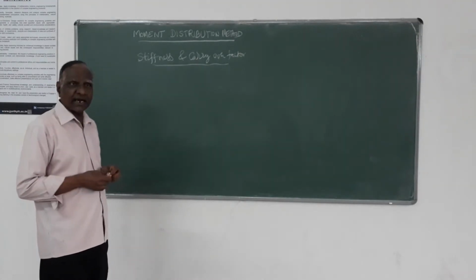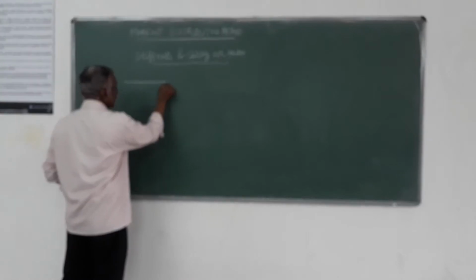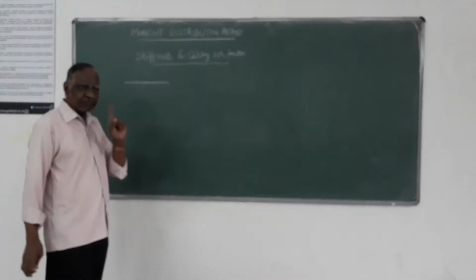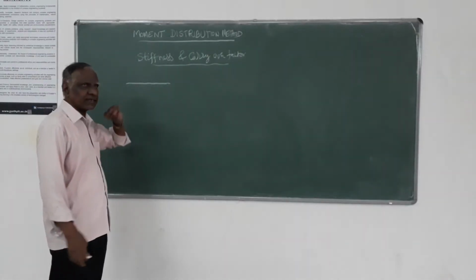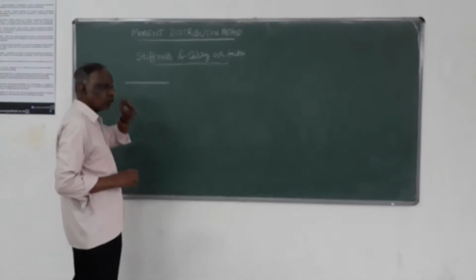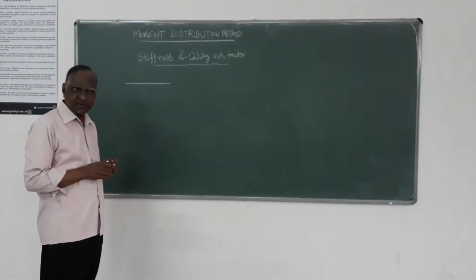Notes have already been circulated to you. There I have defined what is meant by the stiffness of a prismatic plane framed structural member. I defined the stiffness of a plane framed structural member as the force developed due to unit displacement.